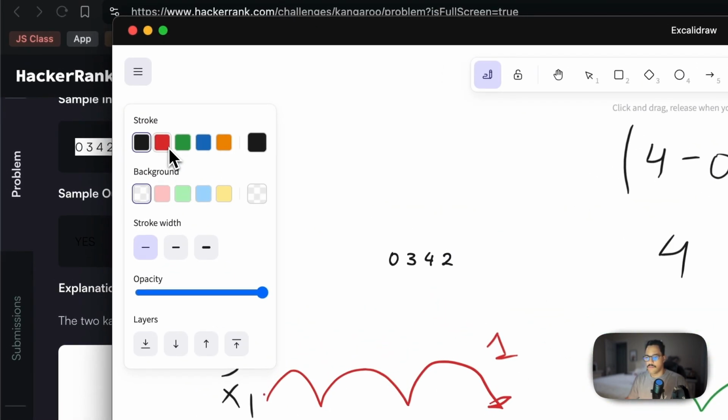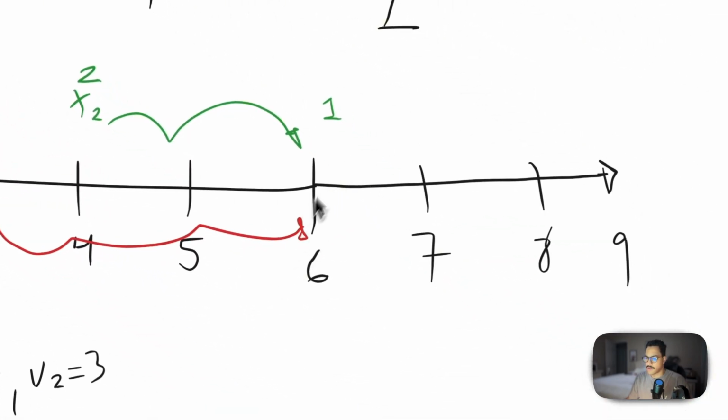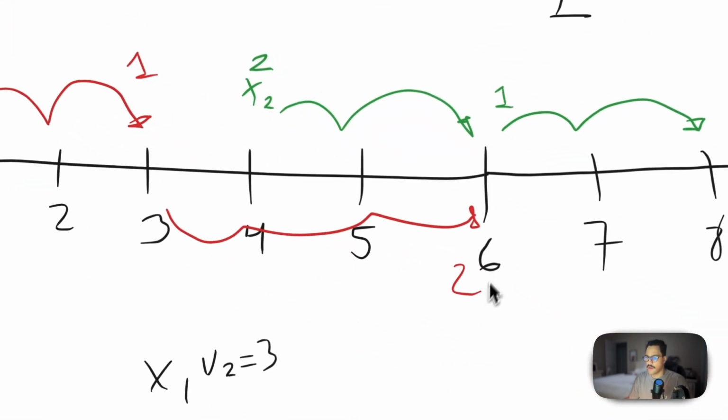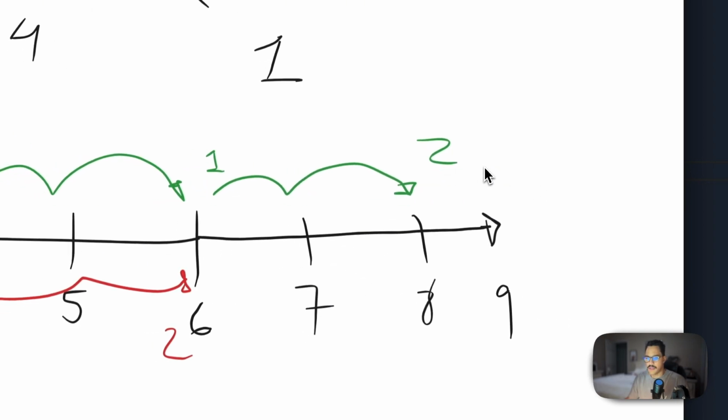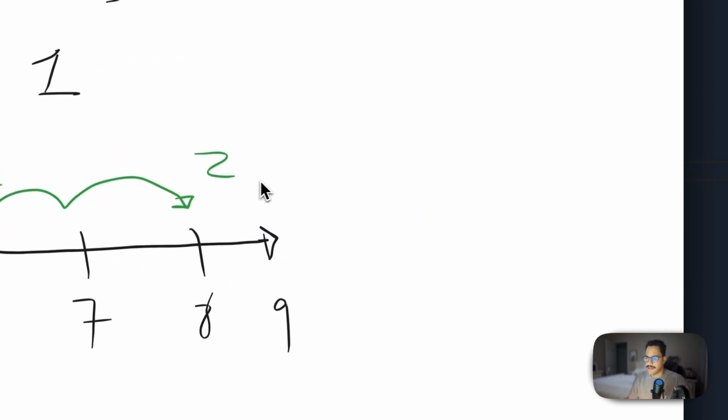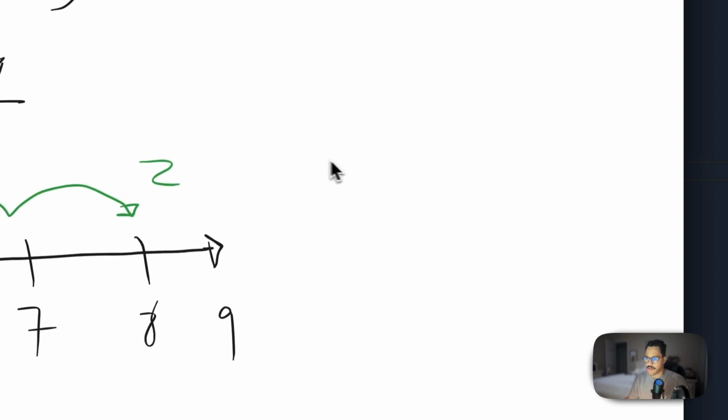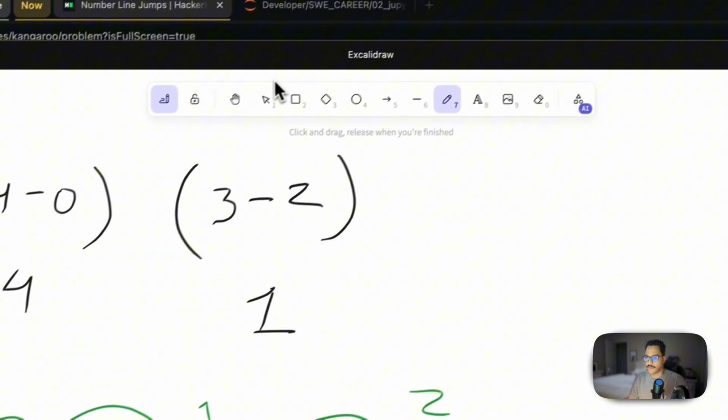And the second kangaroo in his second jump is going to be 1 and 2. This kangaroo is his second jump. So far they haven't met, because we know they're going to meet in the next jump, right? Which is going to be at 12.